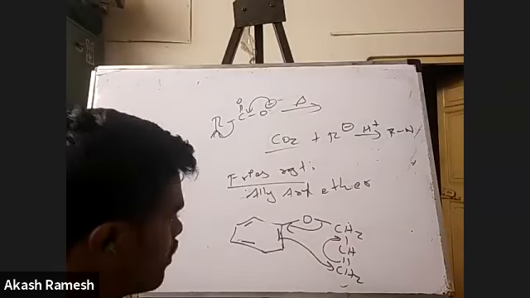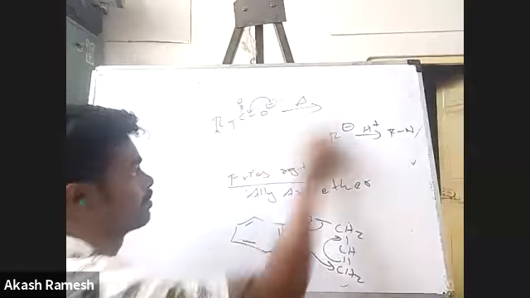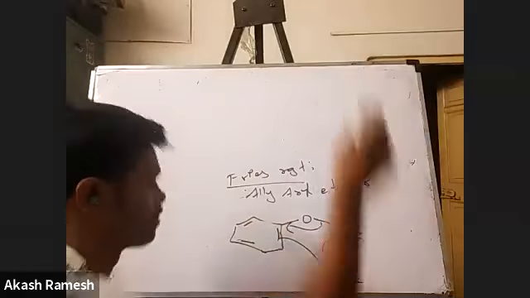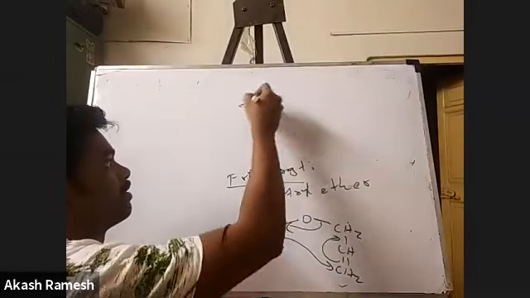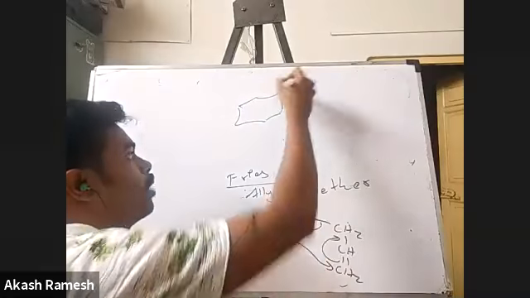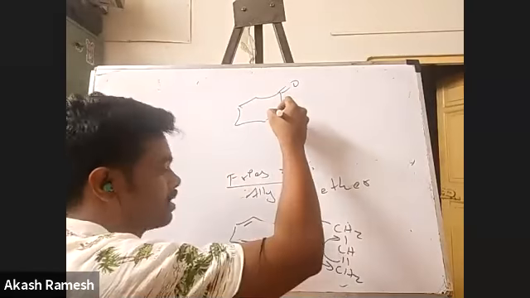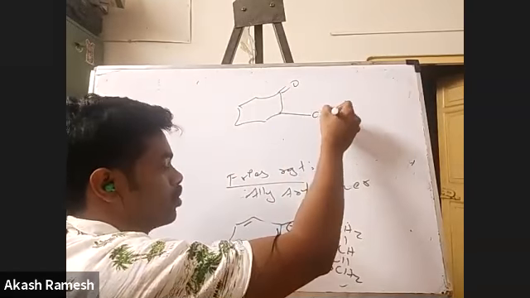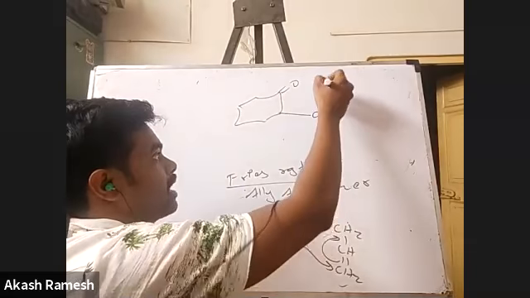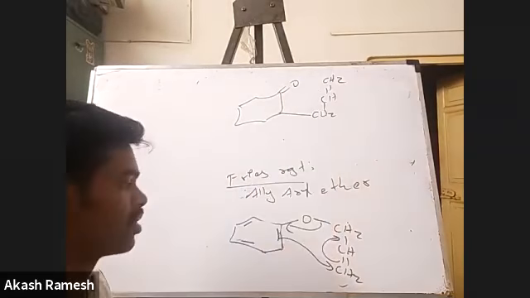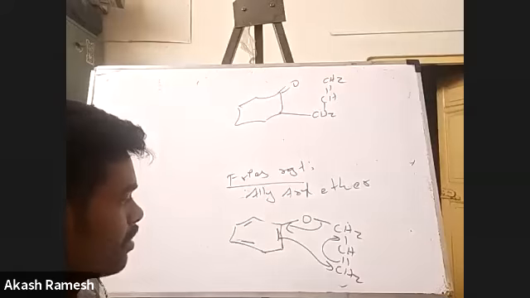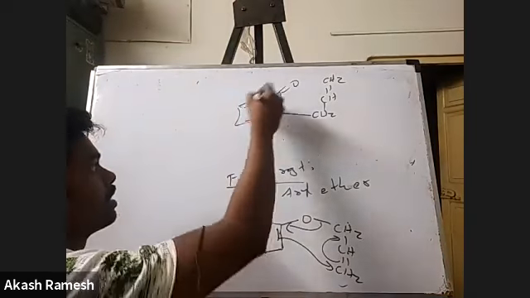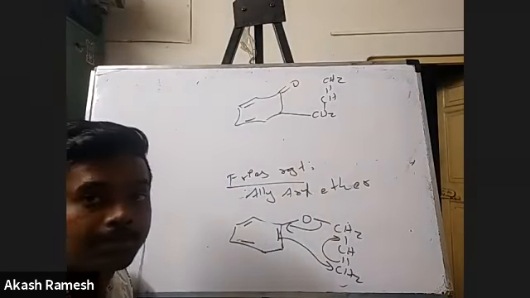So if you write the product, you have one double bond O, and this carbon is attached to one CH2, and that is having CH with a double bond CH2. And this stays.